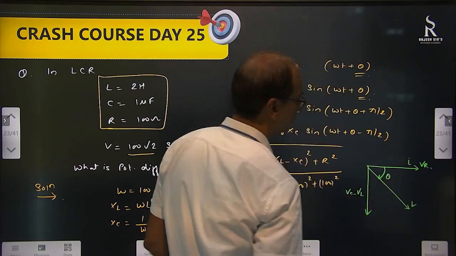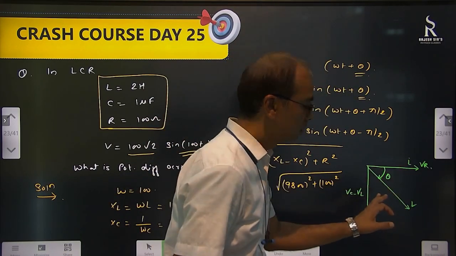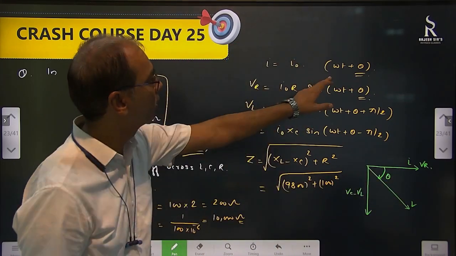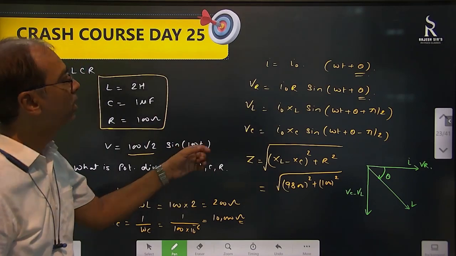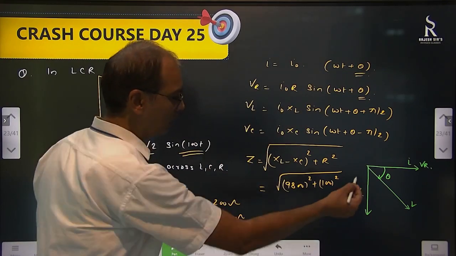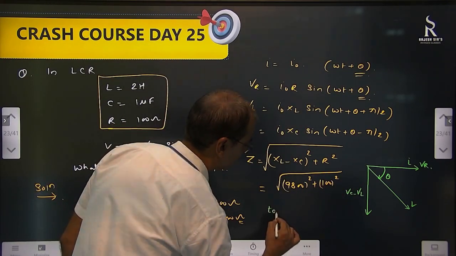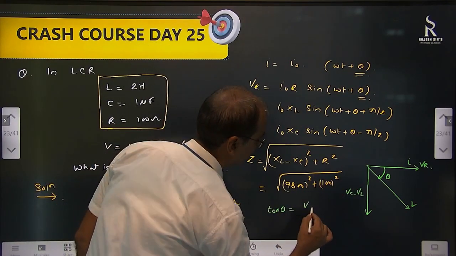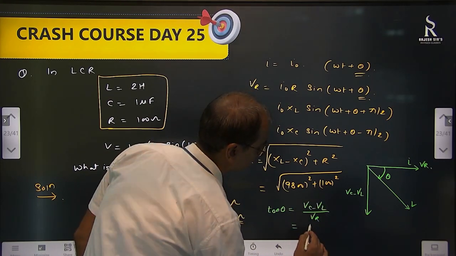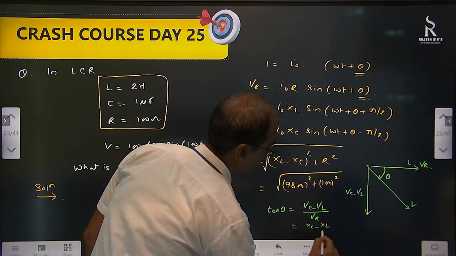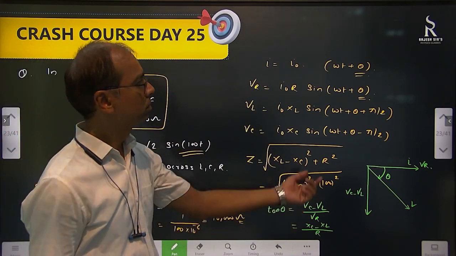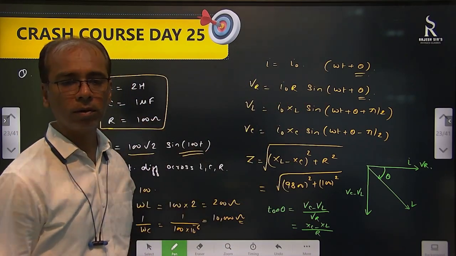So the actual thing is current is ahead of the supply by theta. So we have written absolutely right. Here this is omega t and this is omega t plus theta. The current is ahead. Now what amount it is ahead, we can clearly write. Tan theta is Vc minus VL by R, or Xc minus XL by R. That is theta. So we can write over here and we know everything now.